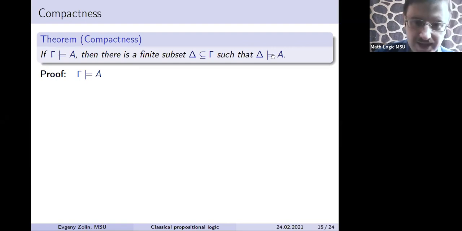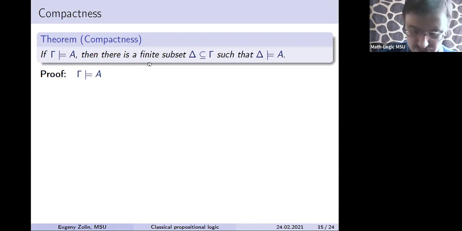We don't have any axioms here, any proofs, any derivations. So here we only deal with the notion: if for every evaluation V, gamma is true in V, then A is true in V. So we speak about evaluations here.